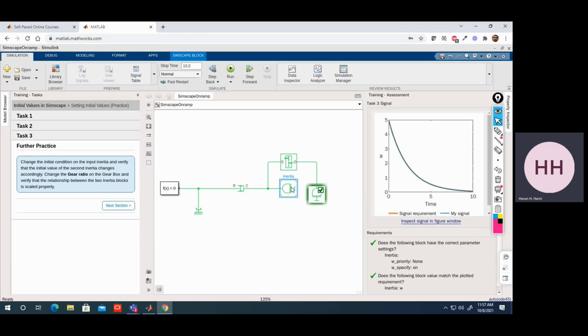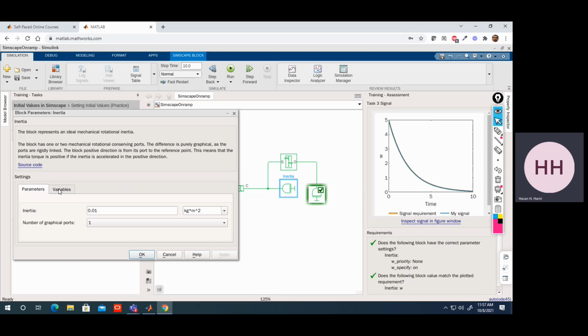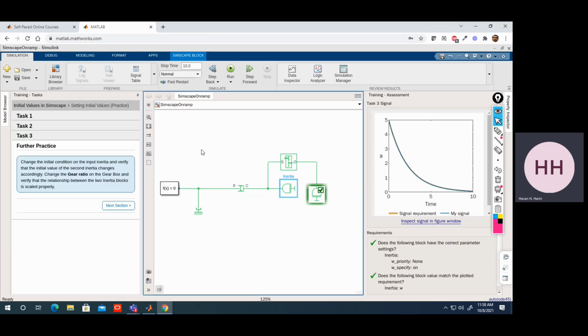This is the input inertia. If I change its initial value to 5, and then run the system.